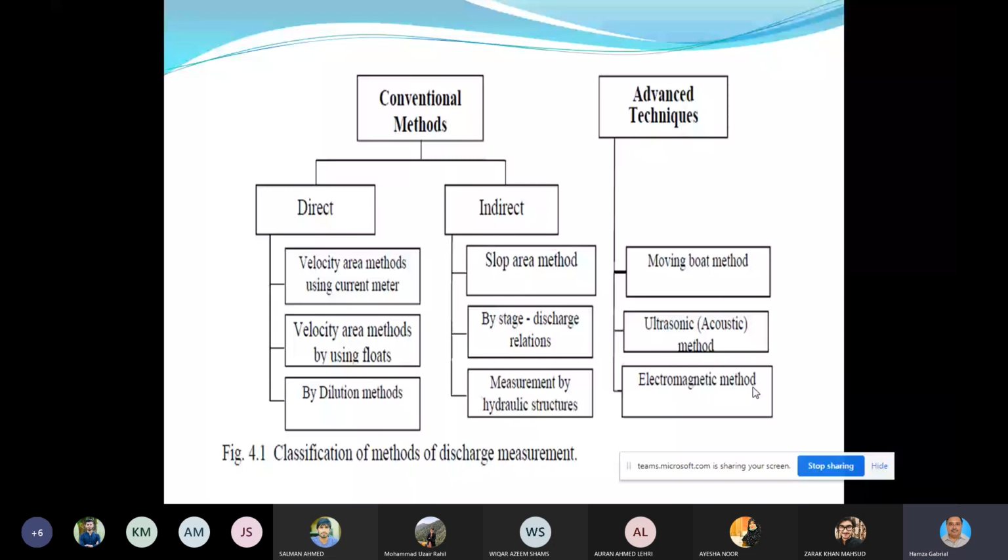So these ultrasonic or electromagnetic methods are seldom used as they are expensive, and they also need a lot of care and calibration, so they are rarely used. But the conventional methods are more commonly used.